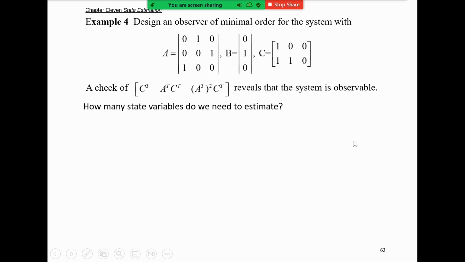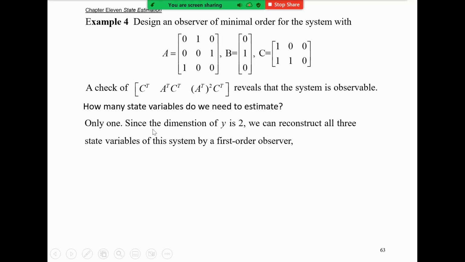We already have 2, right? We only need to estimate 1. Good. So that still will simplify. We already have 2. The dimension of the state is 3, 3 minus 2. Okay. So still it is a first order observer.